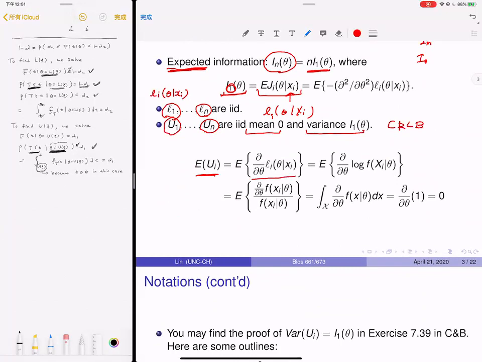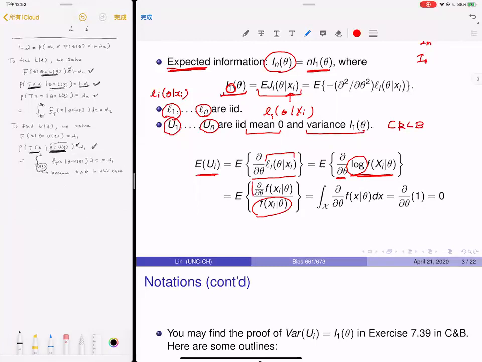And then this guy is nothing but writing down your L_i, which becomes the log PDF, also by definition. Doing partial theta on log f(x_i), you take 1 over f(x_i), because when you do differentiation on the log function, the first thing is the inverse, which becomes 1 over f(x).